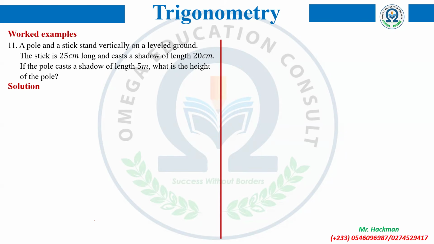Please, the note in this question is the different units. Before you deal with the diagram, make sure all your units are the same. Make sure all the units that you have there are the same. So this wasn't a typo error.